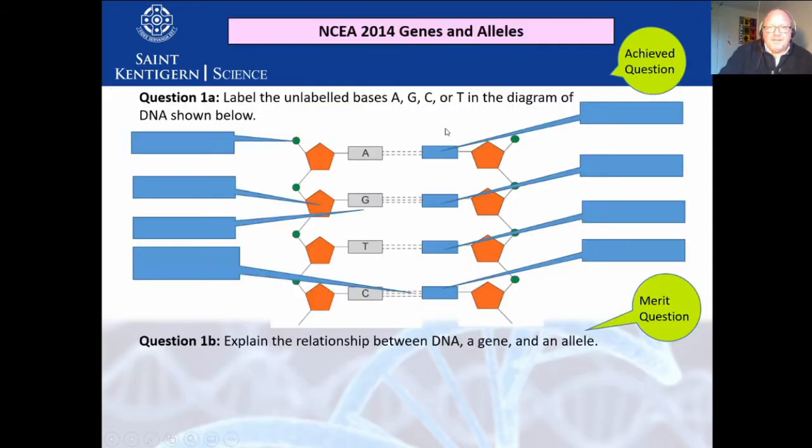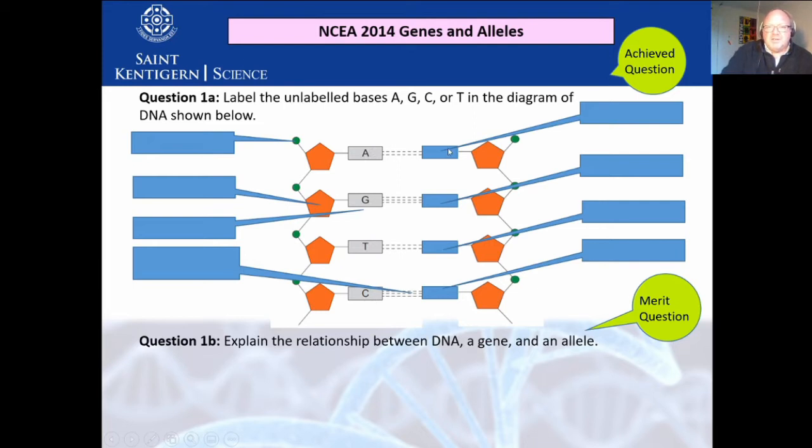Okay. Now this was in 2014, so you're supposed to know the structure, and if you look at it, AGCT in the diagram, now AGTC, like the Gold Coast. Alright?